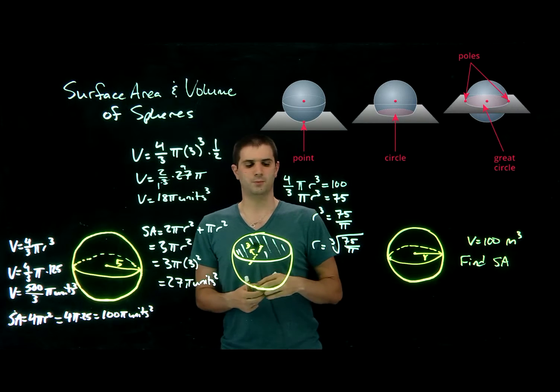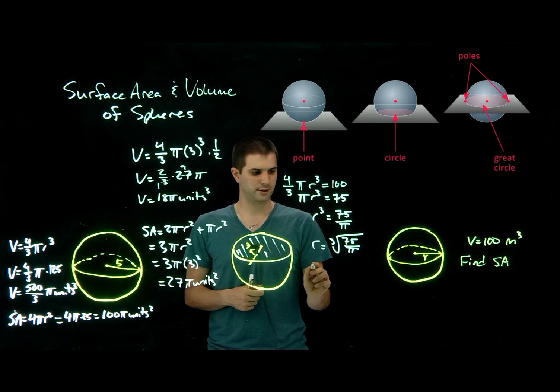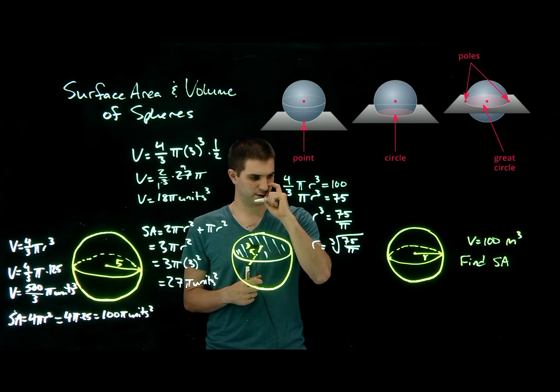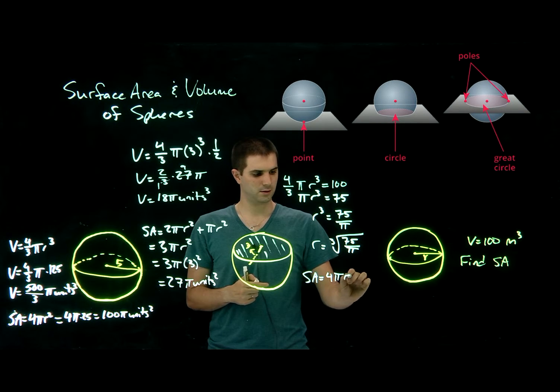We don't need things to look pretty. So we're going to take this and find the surface area. Surface area is going to equal 4 pi r squared.